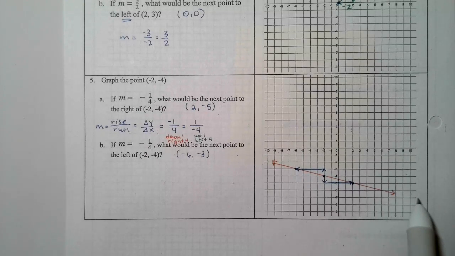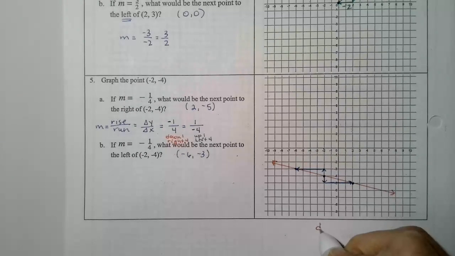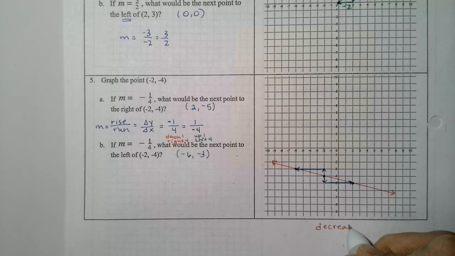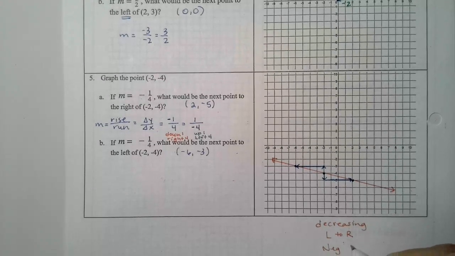A ball would be rolling down that incline. This is a decreasing graph. This is decreasing from left to right, and it has a negative slope.